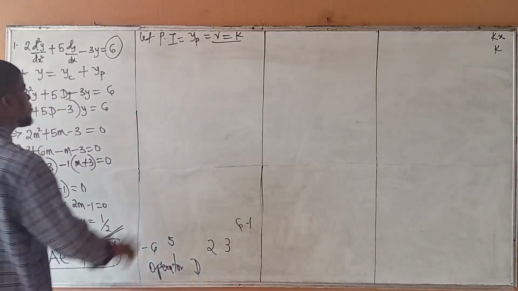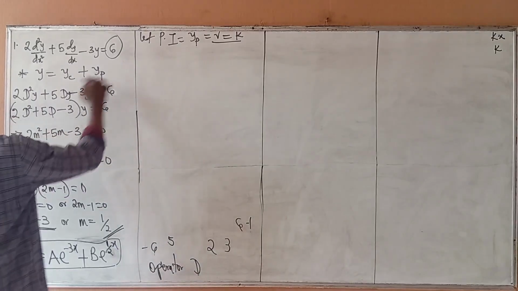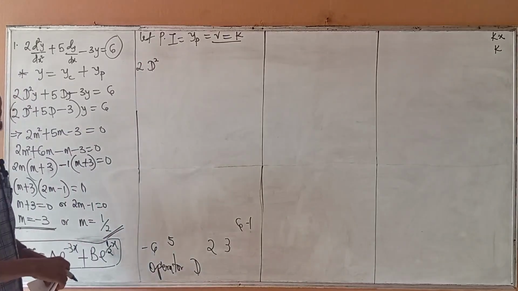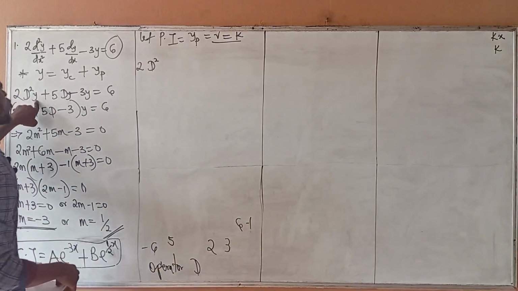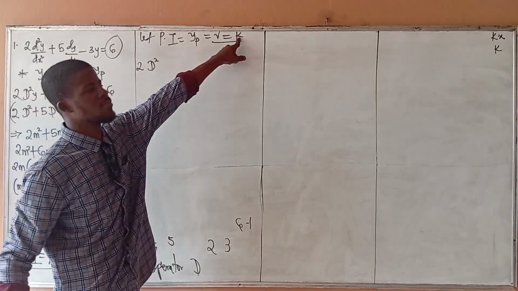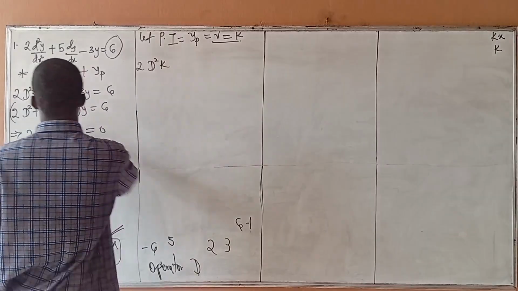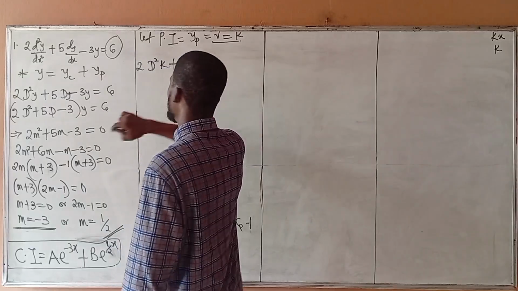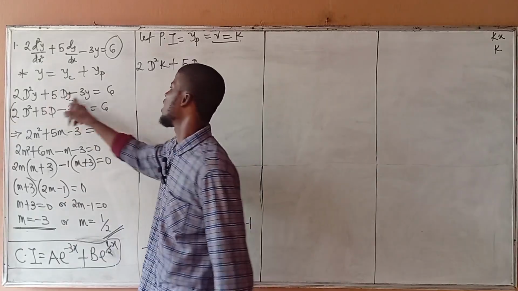Come here now. This is 2 D squared plus 5 D minus 3, and we replace all the y with k.